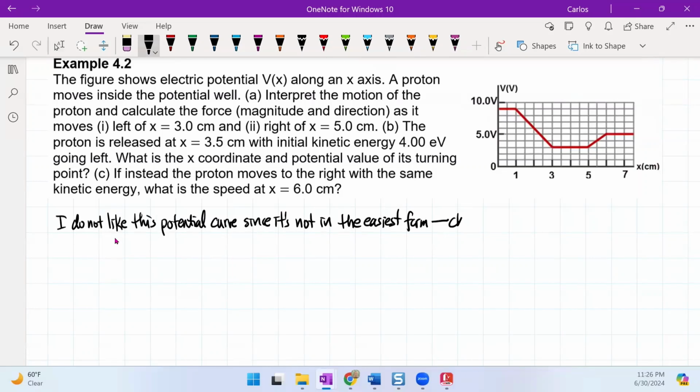So what am I going to do? I'm going to change it. That's the first thing that I want to do.